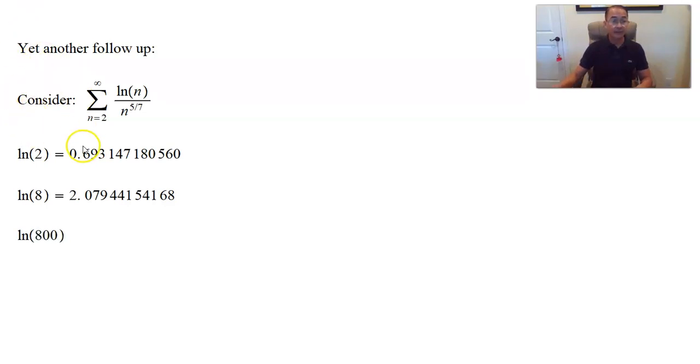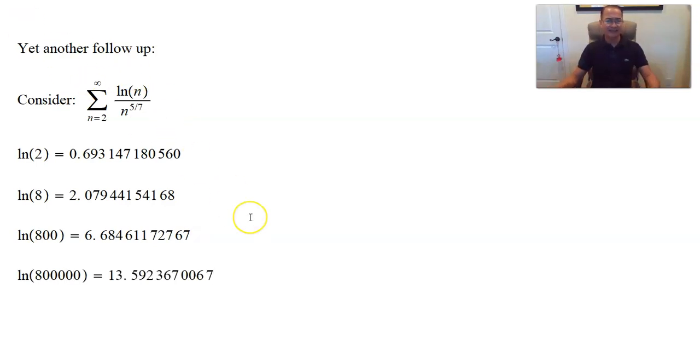Then we're going to get an enormous number, which is not enormous at all. Remember, ln grows very, very slowly. So if we put 3 more zeros, how much are you? Oh, please, that's not even 20. ln of 800,000 is not even 14. It's an increasing function, but it's not increasing very quickly.